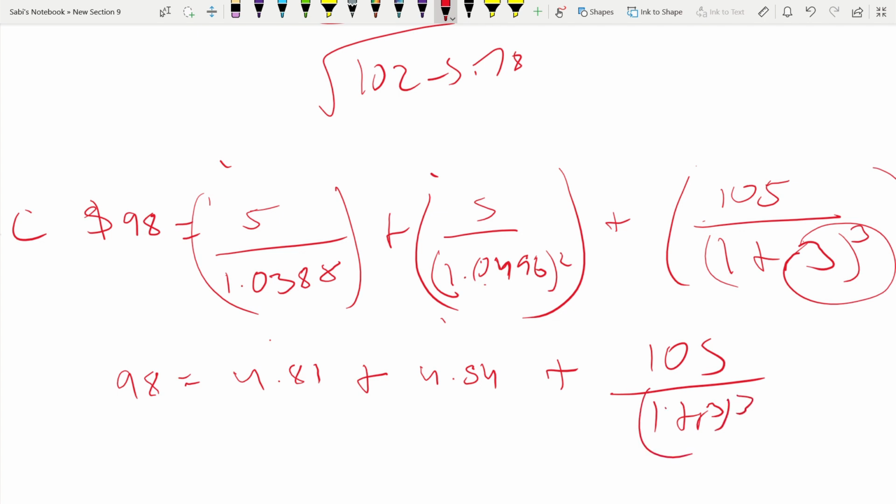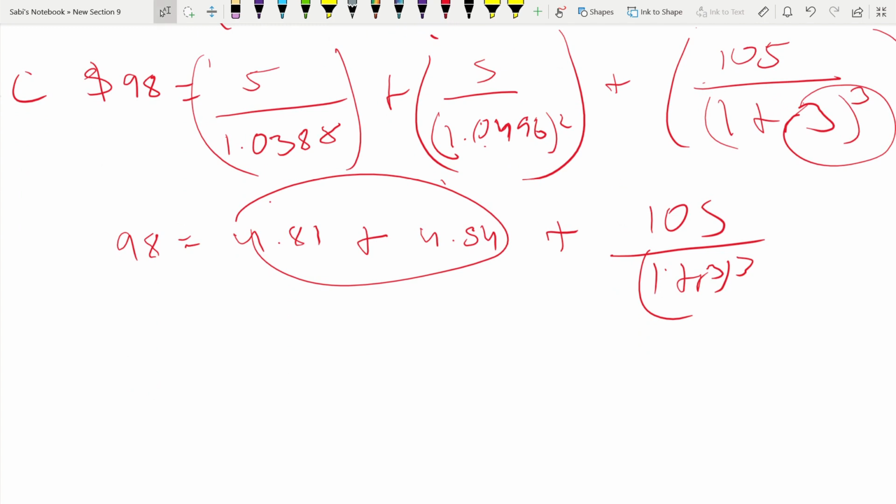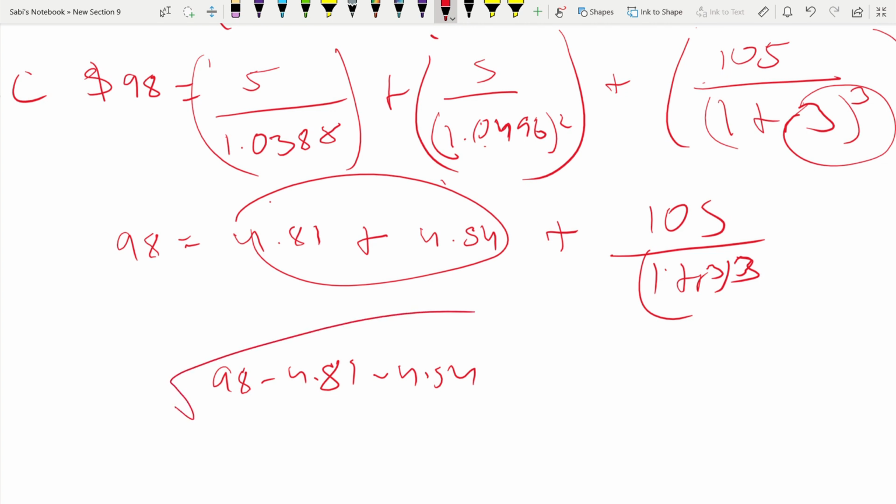This you don't know, but these two you can bring to the other side. It becomes 98 minus 4.81 minus 4.54. This is to the power 3, so it becomes the cube root, or the whole thing to the power 1 over 3.